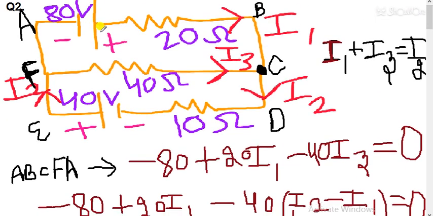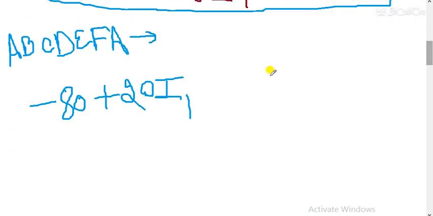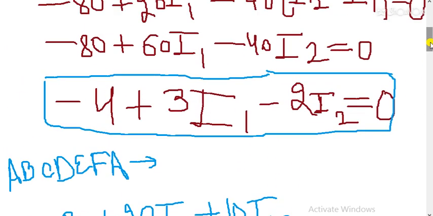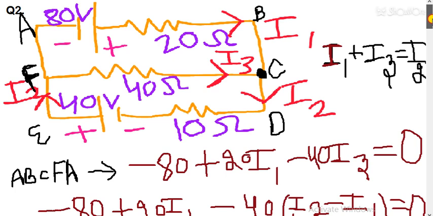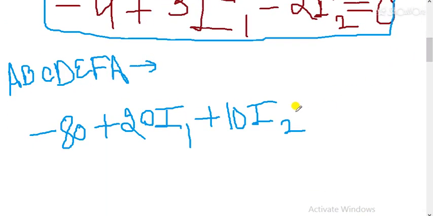So minus 80 plus 20 I1, then 10 I2, minus 40, plus direction of current, so 10 I2. I think the last value was minus 40. Let me check. Negative to positive terminal of battery, so minus 40. This whole term is equal to 0. This is the equation of closed path A, B, C, D, E, F, A.